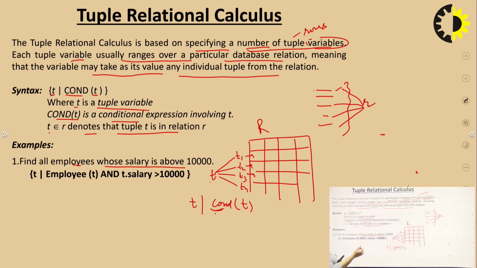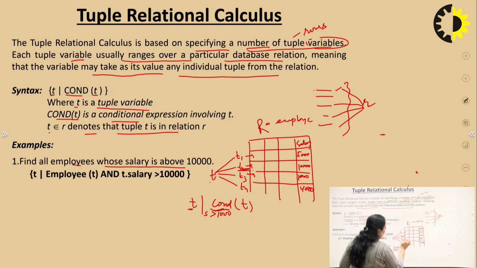We have a relational table named employee with rows T1, T2, T3, and an attribute salary with values 5,000, 10,000, 10,000, and 4,000. It says find all the employees whose salary is above 10,000, so we initialize a variable t that checks the condition salary above 10,000. What values will t take? T will take the values of rows T2 and T3.